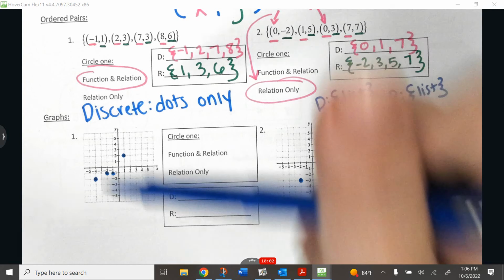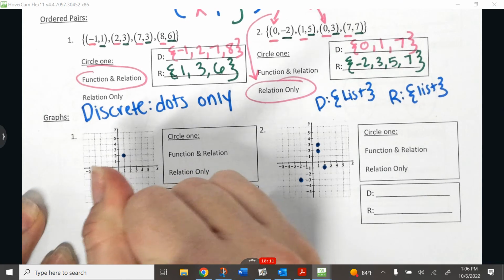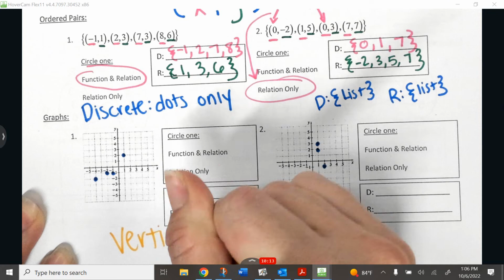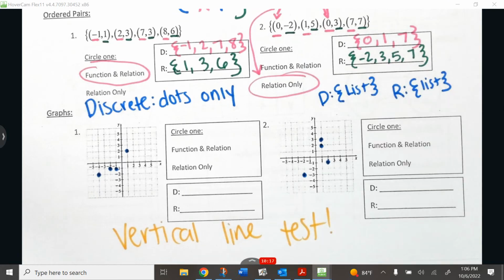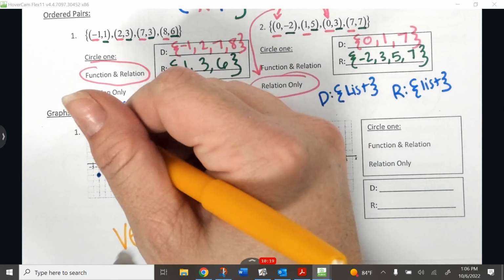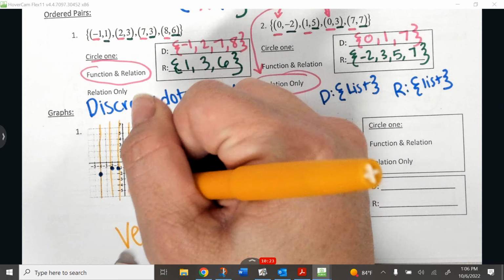Okay, so do y'all remember how to decide if these are functions or not? The vertical line test. So with the vertical line test, that means if I were to draw a vertical line anywhere on this graph, it's never going to touch more than 1 point at a time.